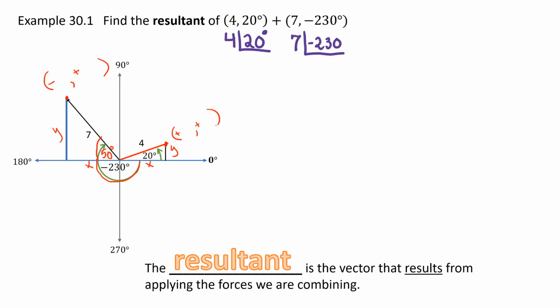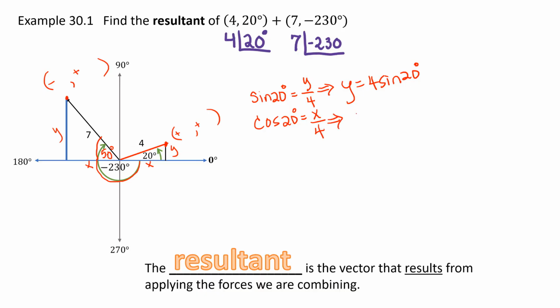So now we're going to use sine and cosine to find those values. So in the first triangle with the 20 degree angle, you know that sine 20 degrees is equal to opposite, which is y, over hypotenuse, which is 4, which means that y is equal to 4 sine 20. And then cosine of 20 degrees there is going to be adjacent over hypotenuse, so x over 4.